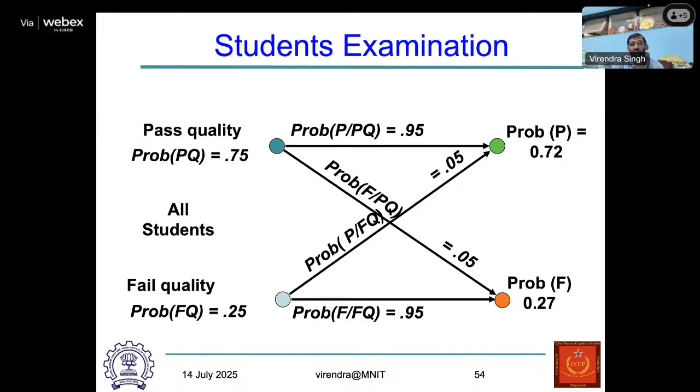Now out of the 75%, I say it identifies most of the pass quality students as pass quality students. But all this happens because I cannot do the exhaustive testing.